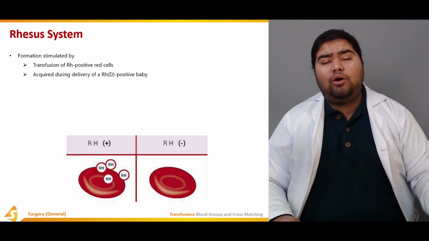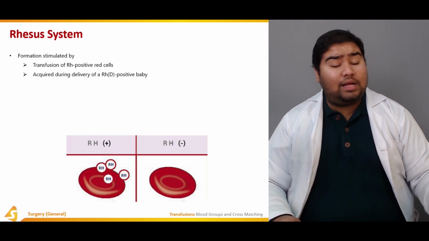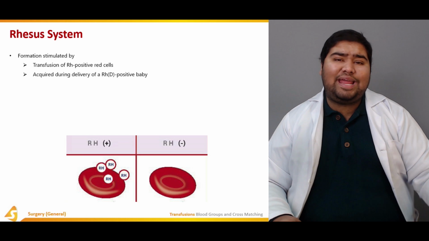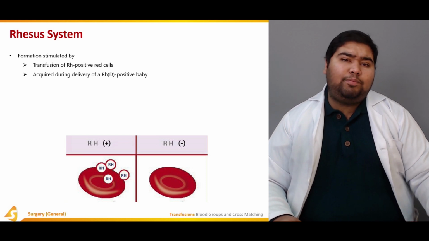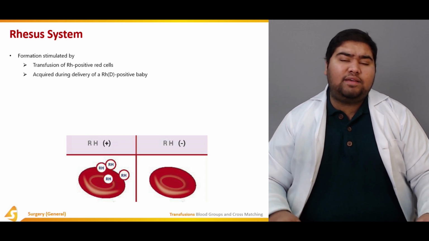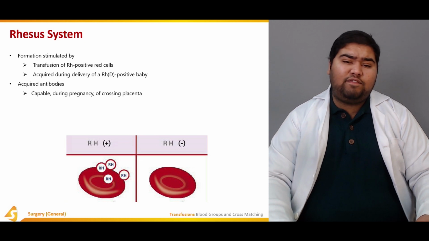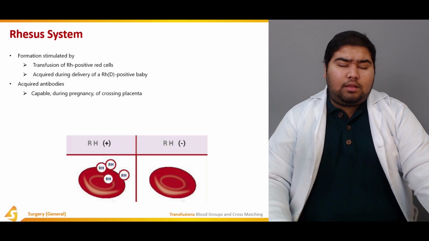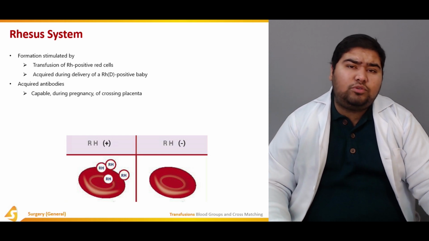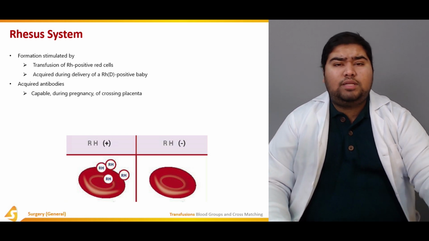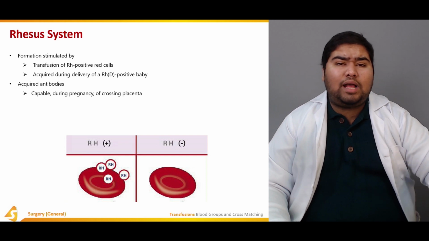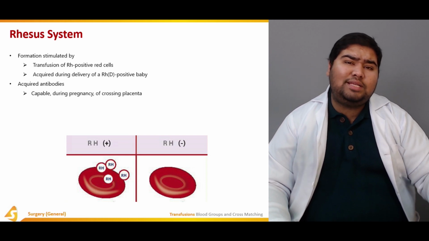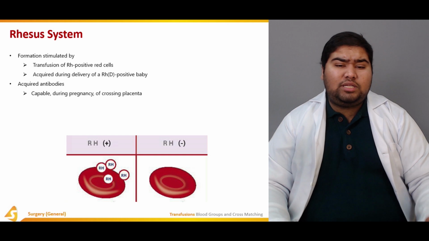So this is how anti-Rh antibodies or anti-D antibodies are produced in Rh negative people or Rh negative women. Now these are acquired antibodies, obviously, because they were formed due to a stimulus, and as a result of that stimulus, these antibodies were acquired.